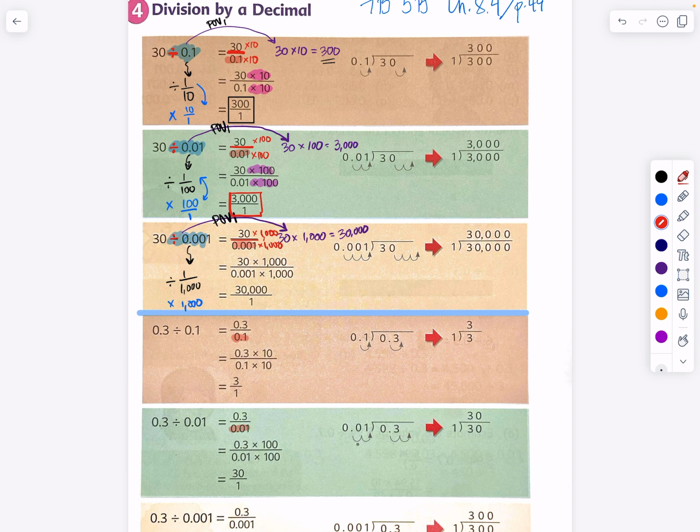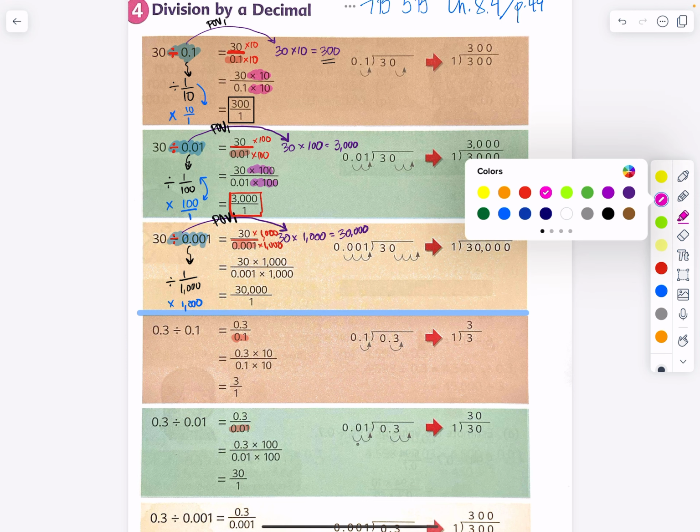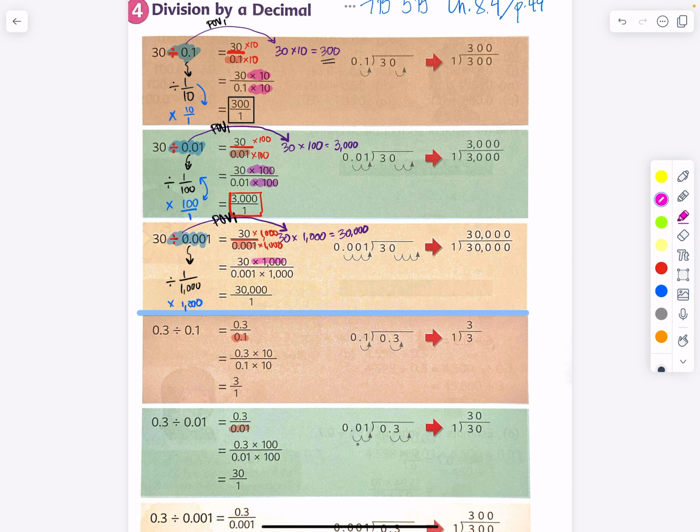We multiply it by 1,000 in the top and the bottom. And here we have it. We have 30,000 divided by 1, which is exactly the same answer we got the first time.